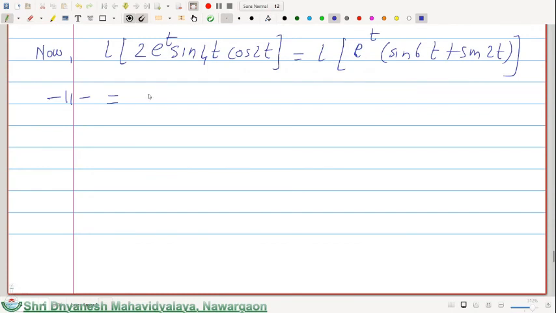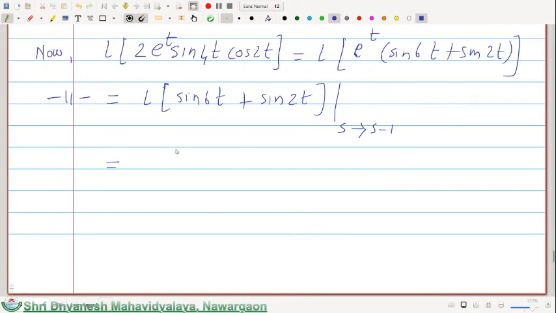So this will be Laplace transform of sin 6t plus sin 2t, and whatever transformation we get of sin 6t and sin 2t, the s there will be replaced by s minus a, and a is 1 here, so s will be replaced by s minus 1.